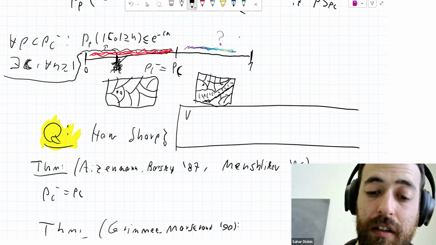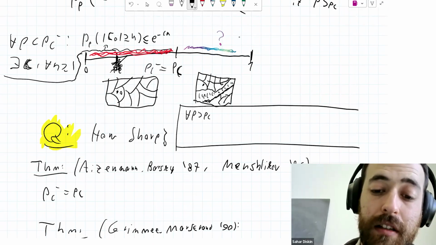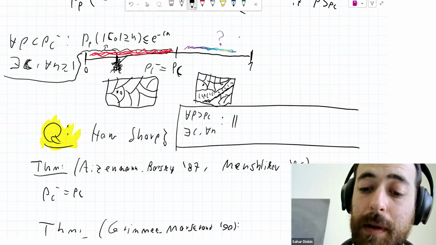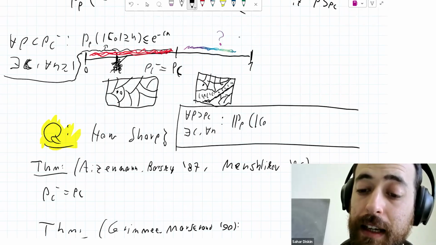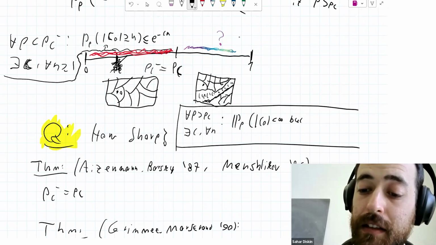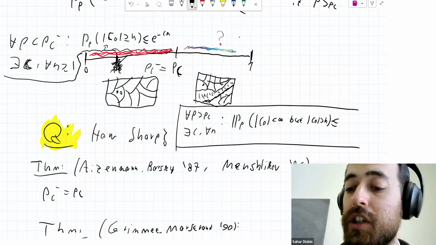So to be precise, for all p bigger than p_c, there exists a c such that for all n, the probability under p that the cluster of the origin is finite, but has size at least n. So we want this to decay exponentially.